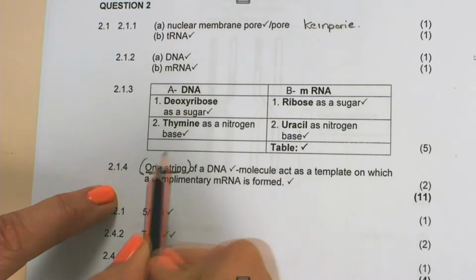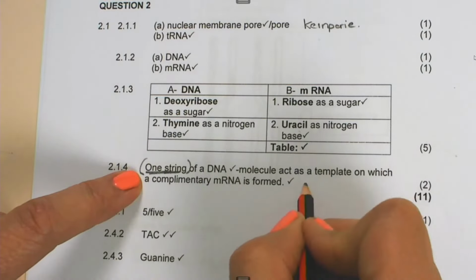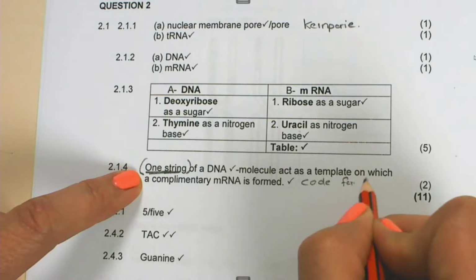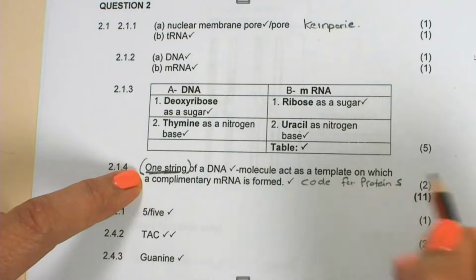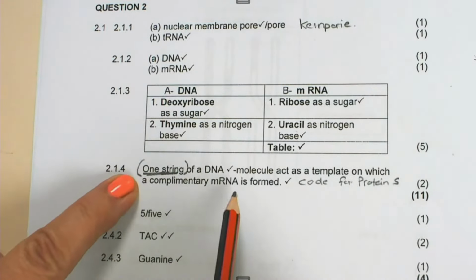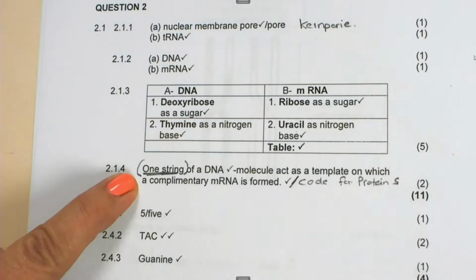Or the learner could write one string of the DNA gives the code for protein synthesis. So, template on which mRNA is formed, or slash the code for protein synthesis.